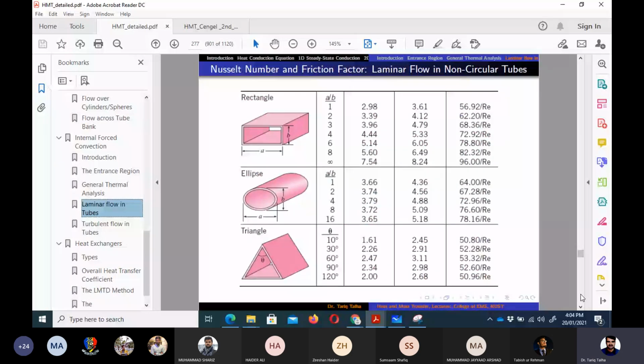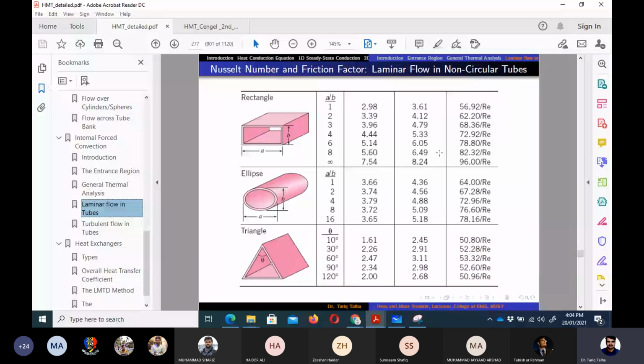So similarly, we can get the Nusselt number values for different kinds of cross sections like ellipse, triangular, rectangular. Here the first column is for the constant temperature boundary condition, the second is for the constant heat flux boundary condition, and the last column is the friction factor which is required.